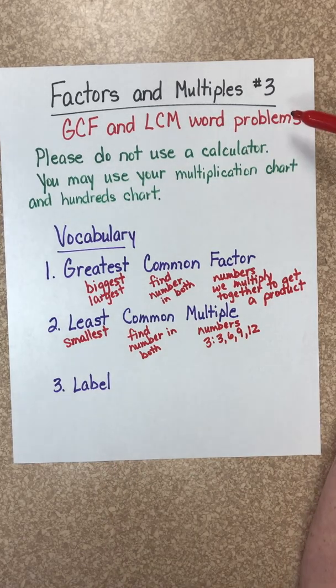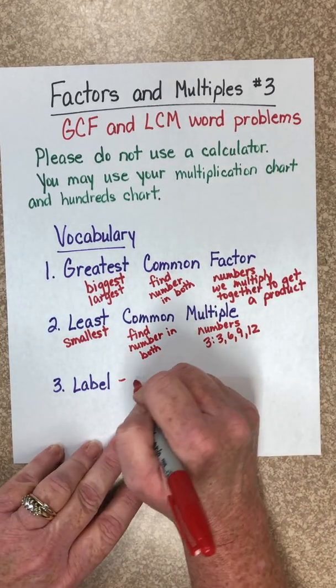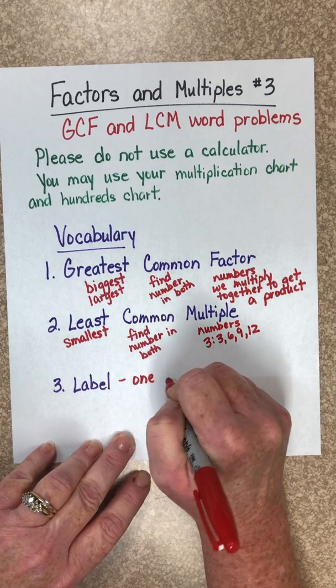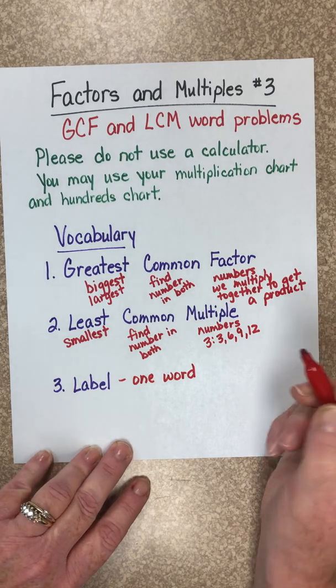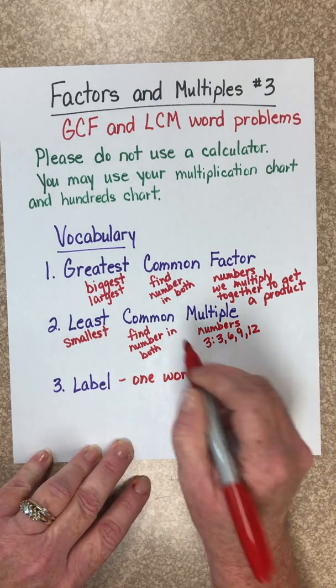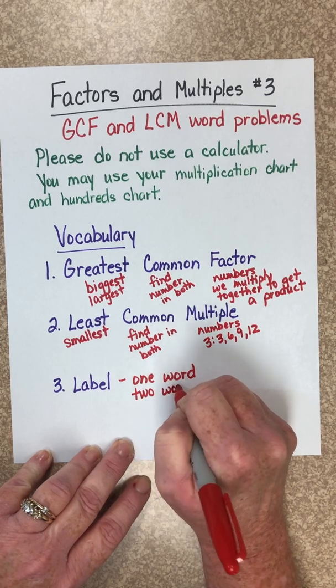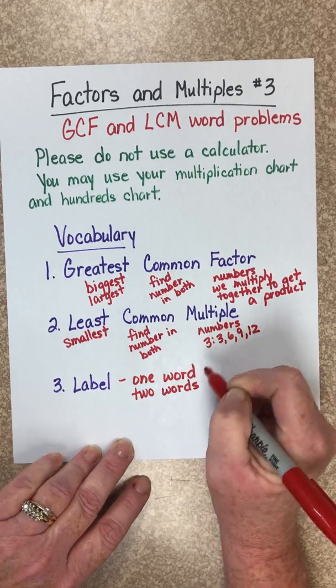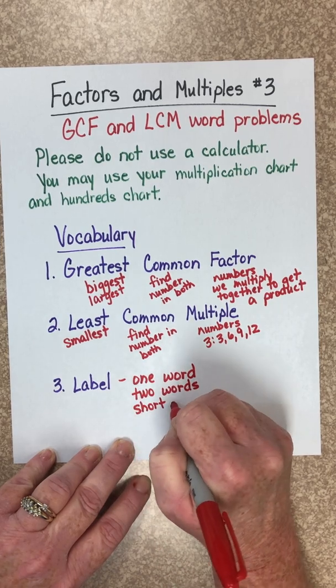And now let's think about labeling. Whenever you have word problems, you must look for the label. That is usually one word, but it can be more than one word, and at the very most it would be a very short phrase.